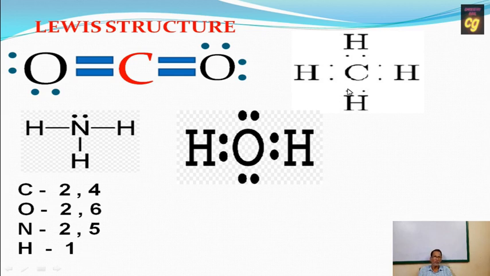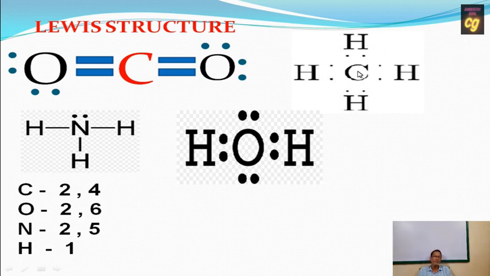So when 4 hydrogen atoms come closer, each hydrogen atom contributes 1 electron and carbon contributes 4 electrons to the 4 hydrogen atoms. So 4 covalent bonds are produced between carbon and hydrogen atoms, forming the methane molecule.